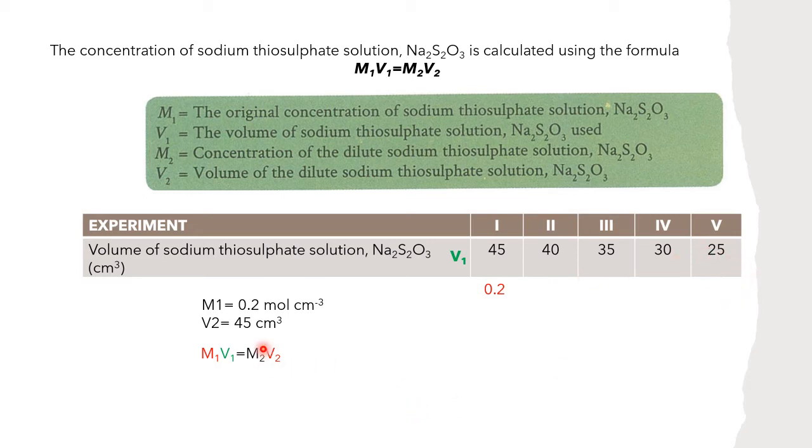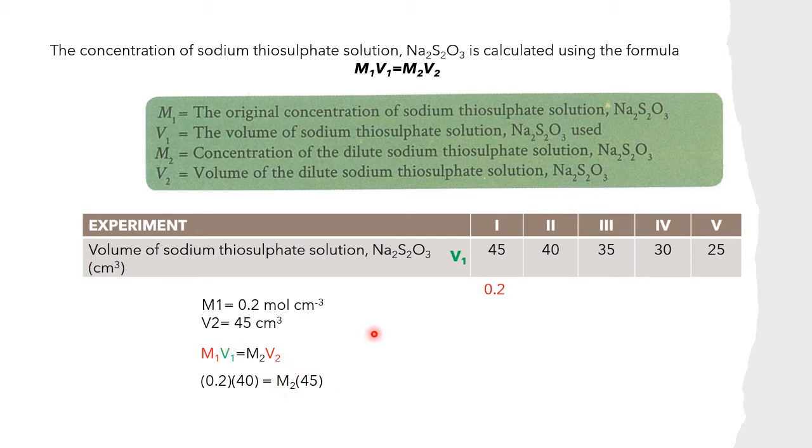So now M2 ni kita tahulah berapa concentration yang baru. Katakan kita masukkan M1 0.2, V1 ni kita masukkan 40. And V2 is tak berubah kan, saya cakap tadi 45.